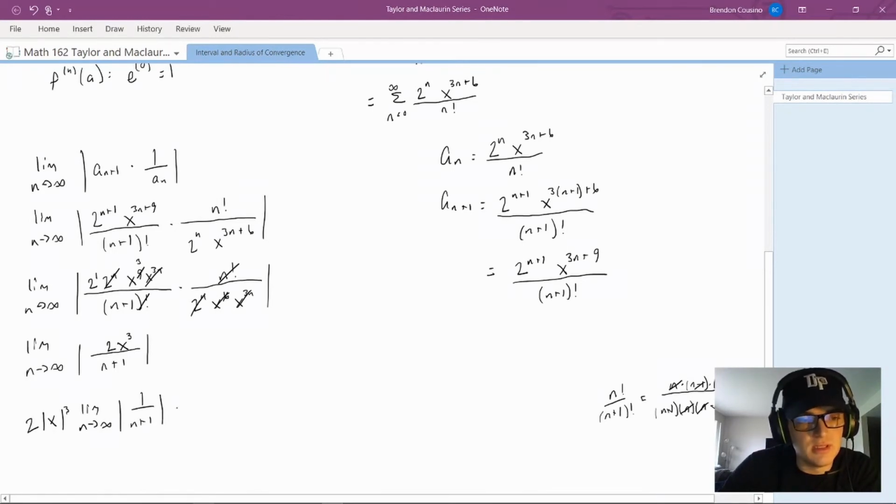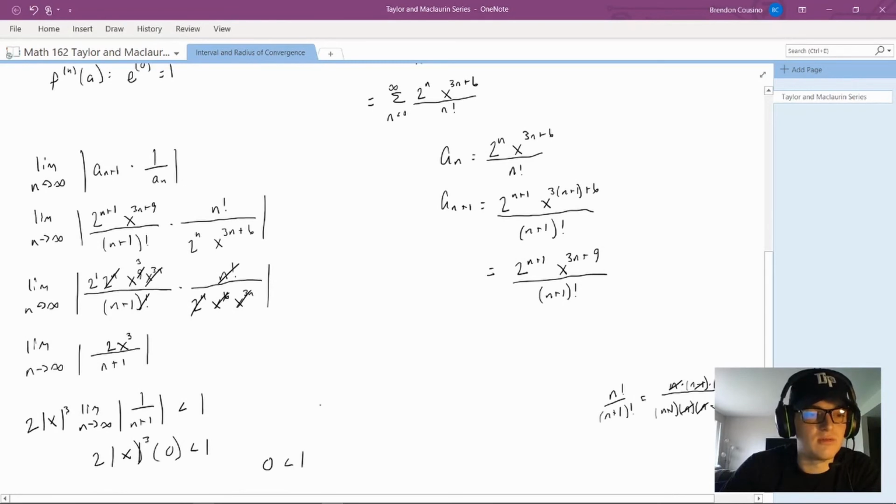We want this to be less than 1 for our ratio test, right? If our limit is less than 1, our series absolutely converges. So if I evaluate this limit, I'm going to get 0, because my denominator is going towards infinity and my numerator is staying at 1. So this is going to be 2 times the absolute value of x cubed, times 0, is less than 1. So that's going to be 0 is less than 1.